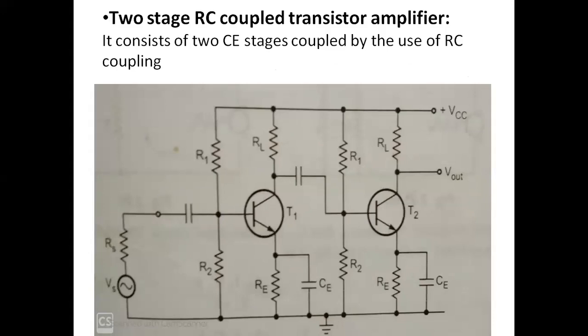RC coupling means if you are connecting two or more stages by the use of resistors and capacitors, then that type of coupling is known as RC coupling. So here also we are using RC coupling in order to connect the two CE stages. This is first stage and this is second stage. These two stages are connected by the use of capacitor and resistor.